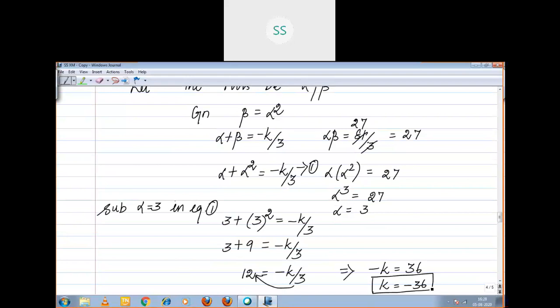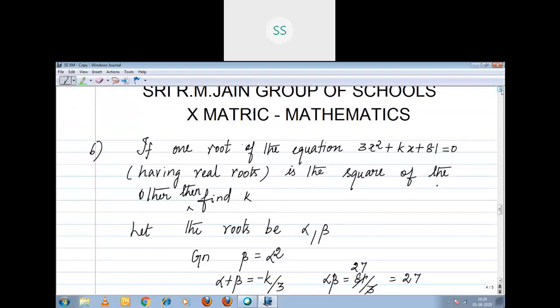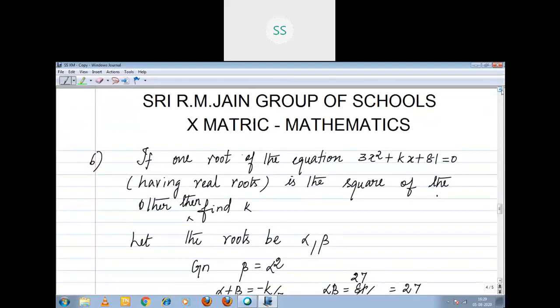Did you understand? Again I will repeat one time. You have to listen carefully children. The question is given as one root is the square of the other. Normally we take the roots as alpha and beta. Here I am considering beta equal to alpha squared. From the given equation, I got the value of alpha plus beta, right? Alpha plus beta equals minus k by 3.